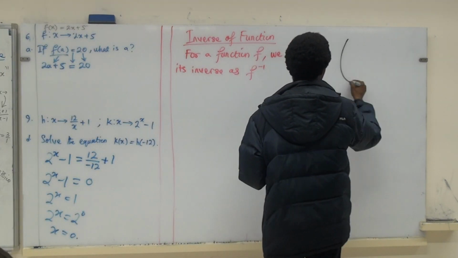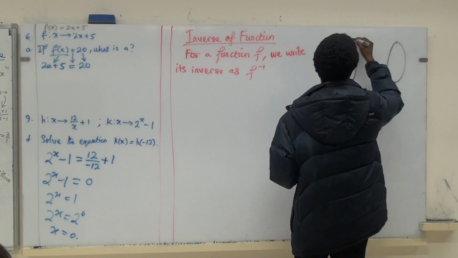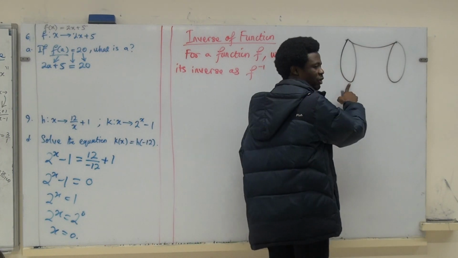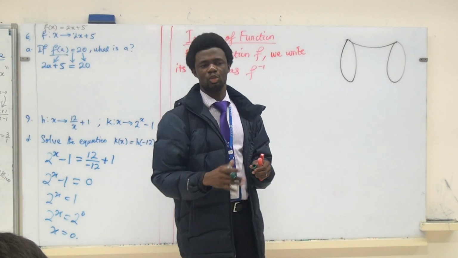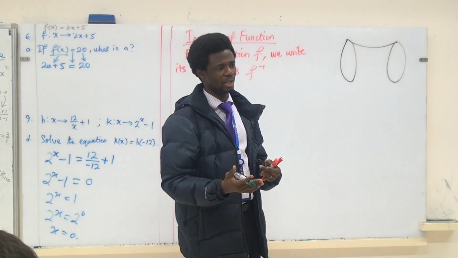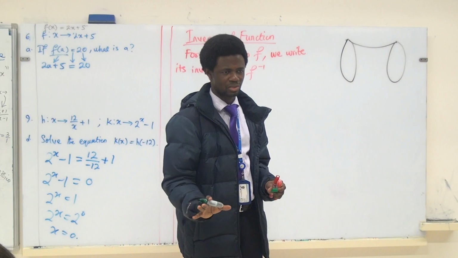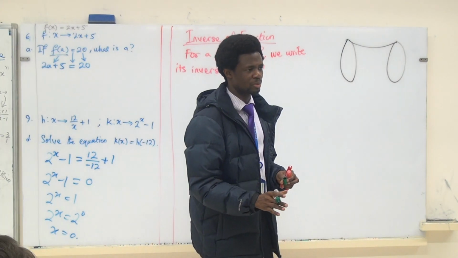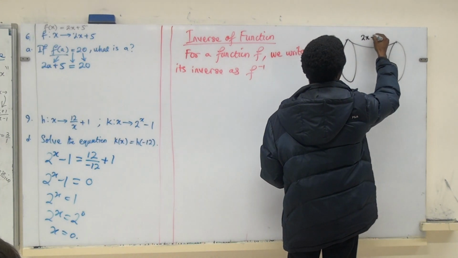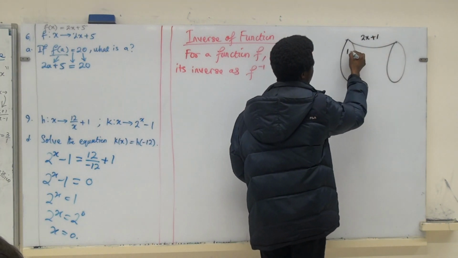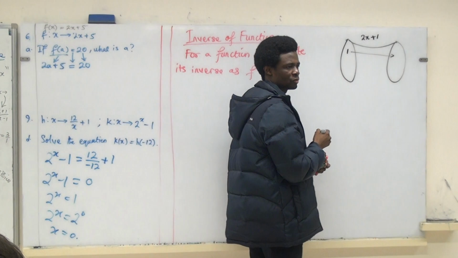If my function is mapping from this set of input to set of outputs, when you start learning function in IB, you'll be introduced to domain, codomain, and range. But we're not using those terms yet. So let's just call them input and output. If the function is 2x plus 1, if I input 1, what do I get? 3.